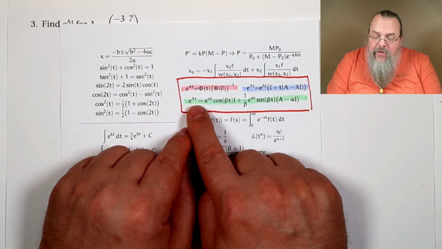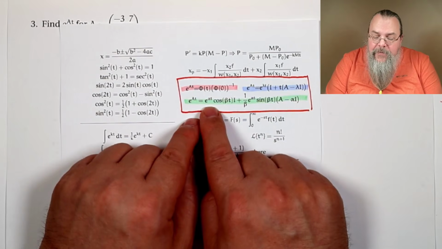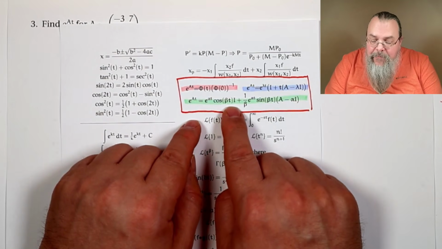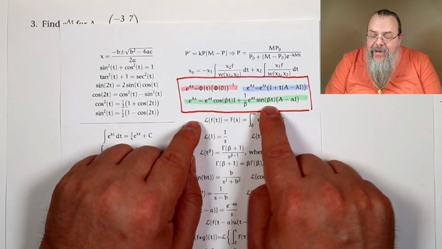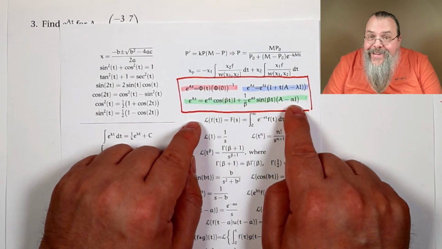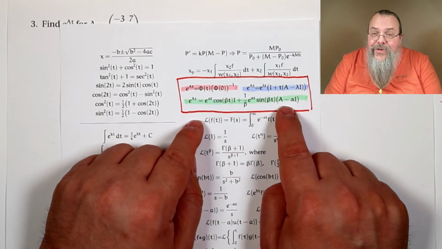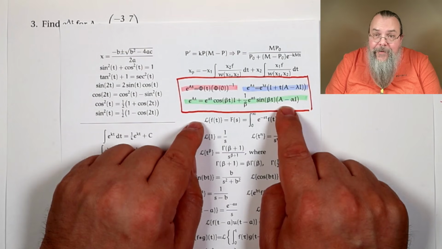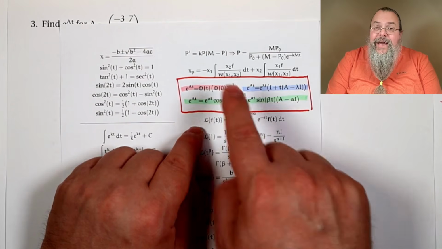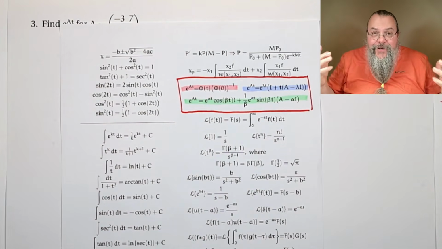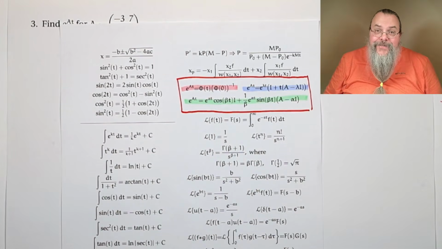The last one says e to the at is e to the alpha t cosine beta t times I plus 1 over beta e to the alpha t sine beta t times a minus alpha I. That is your go-to if your eigenvalues are alpha plus minus beta i. So we have to decide which one of the 3 formulas to use, and that boils down to, hey, what's going on with your eigenvectors?